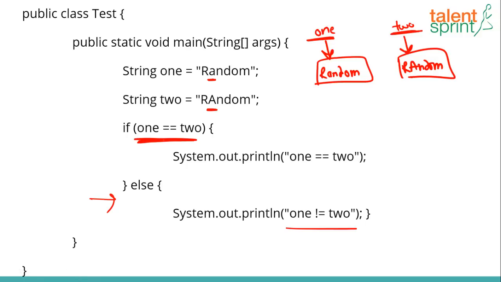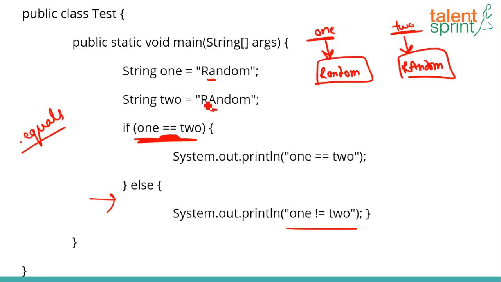That is the reason why 1 not equal to 2 is printed, not because that A and A are different. If we want to actually compare the value of 1 and 2, we would have used dot equals, not double equal to. When you use double equal to, you are checking whether both the reference variables, in this case 1 and 2, are pointing to the same memory location or not.